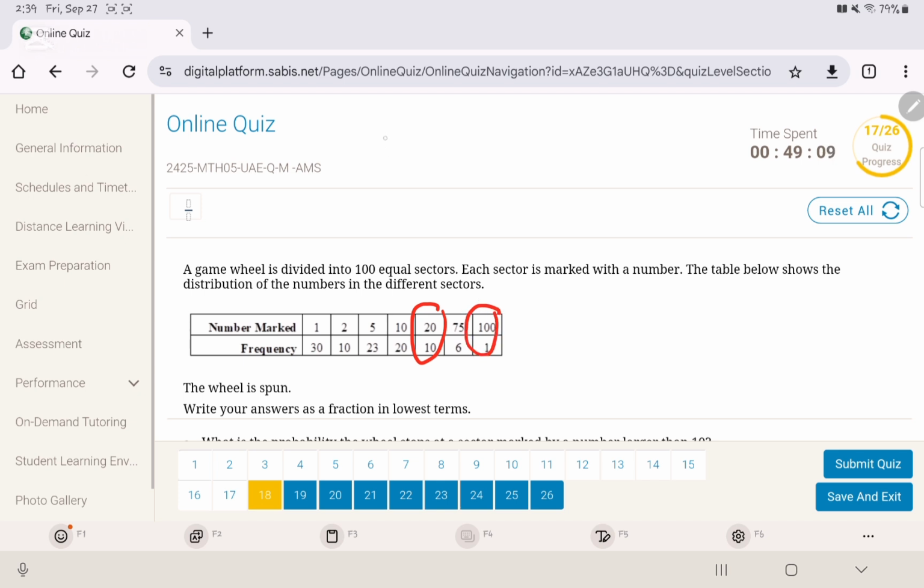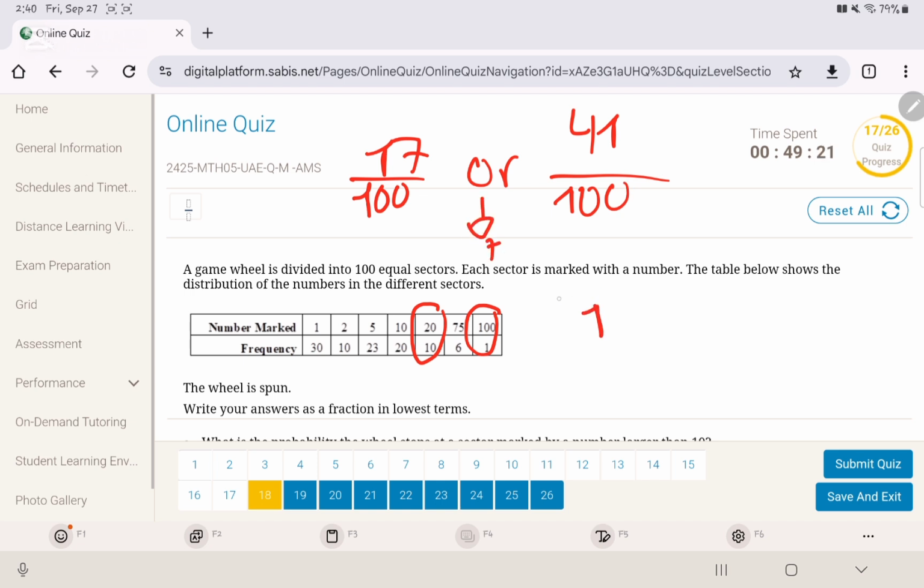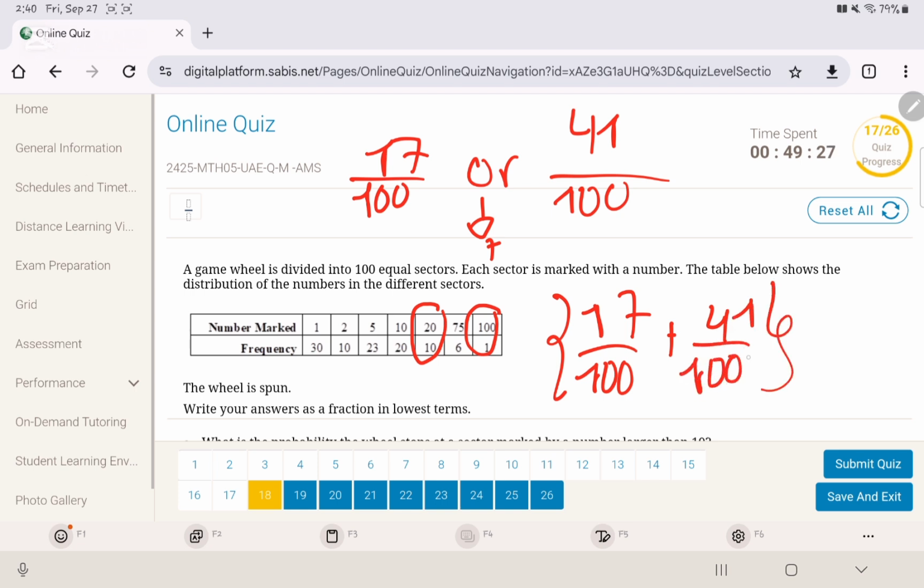So again, we took the probability of greater than 10 or the probability of even. Or in math means plus, so we added them: 17 over 100 plus 41 over 100. But our issue is we have repeating. So we're going to subtract the repeating numbers.